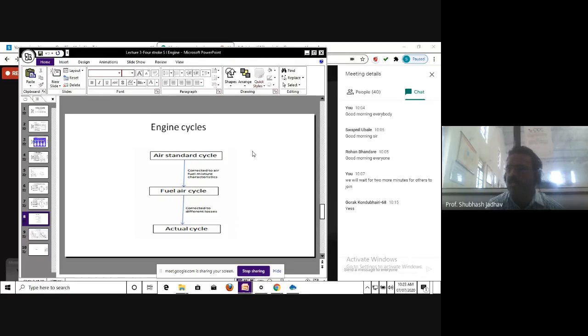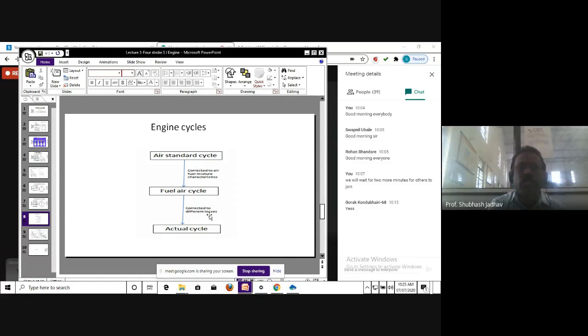We have discussed the cycles, where we said that we have 3 cycles: air standard cycle, fuel air cycle, and actual cycle. The air standard cycle was the ideal cycle. The fuel air cycle was the theoretical cycle, like the Otto cycle or diesel cycle, and the actual cycle corresponds to whatever amount of work is being produced inside the combustion chamber of the engine, which is acting on the piston.